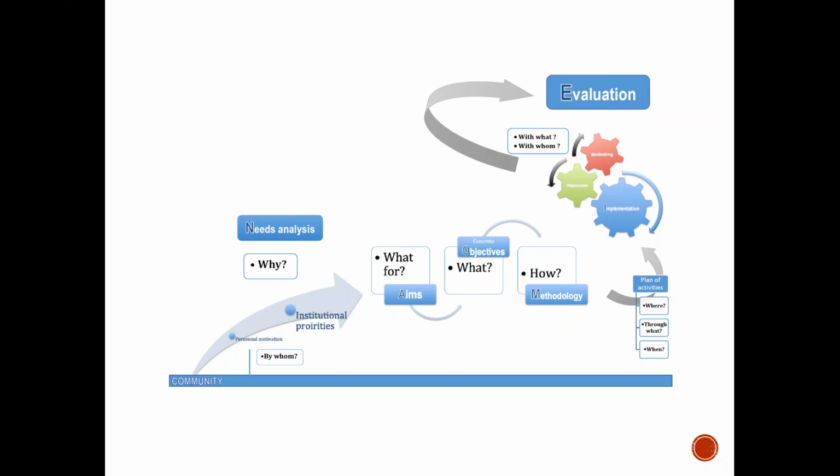And objectives have something different from the aim. They need to be what we call SMART. They have to be specific, measurable, achievable, realistic, and timed. You see the difference between the aim and the objectives now?